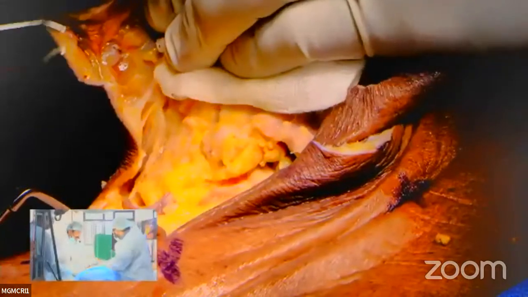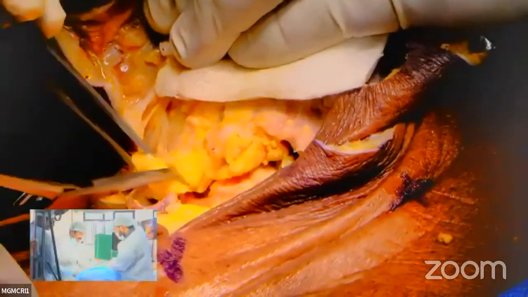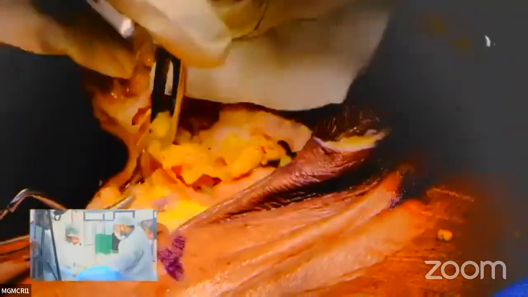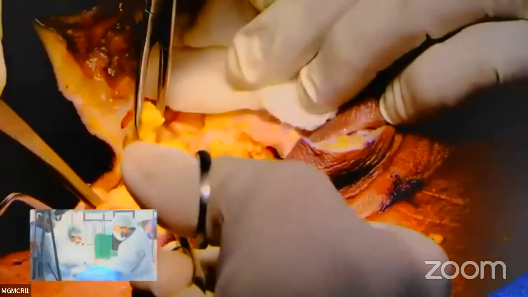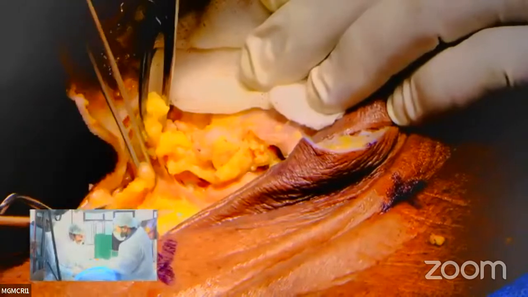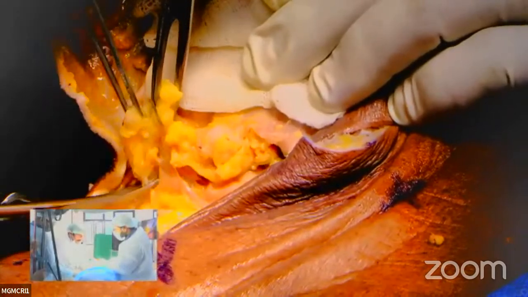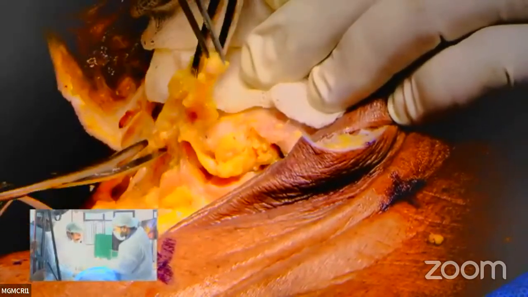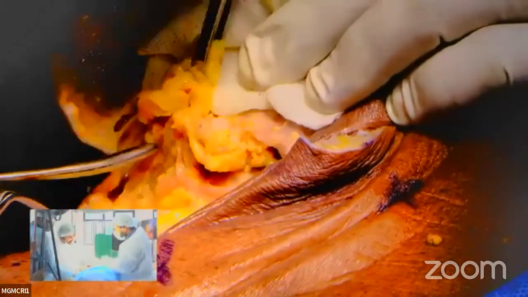Straight artery. You take Allis or straight artery and gently hold it. Gentle, like this. So you dissect your transverse cervical, take all the nodes between transverse cervical, and this is the plane which you have to see.